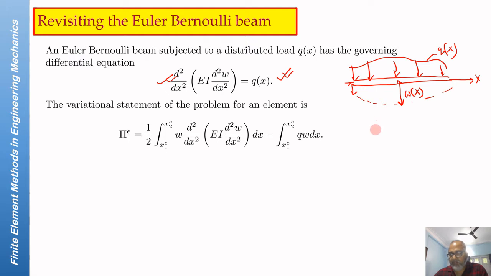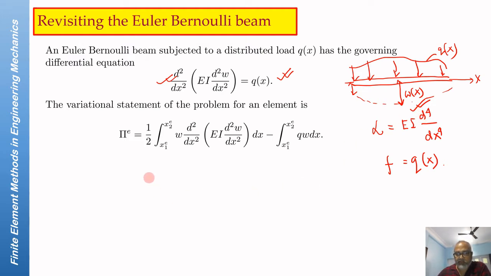The operator, call it L, is EI d4 dx4. Lu = F, where F is equal to Qx. You can prove very easily again that this is a perfectly positive, strictly positive operator.